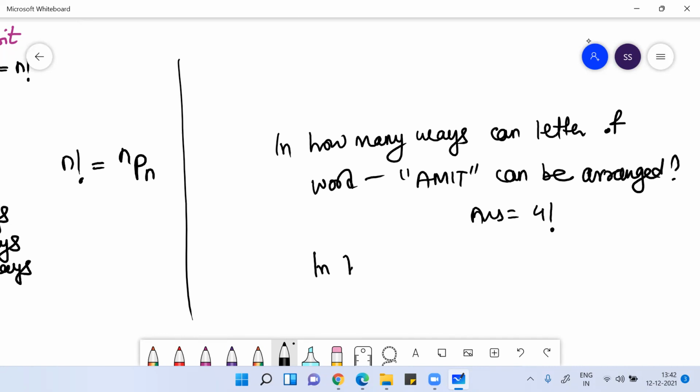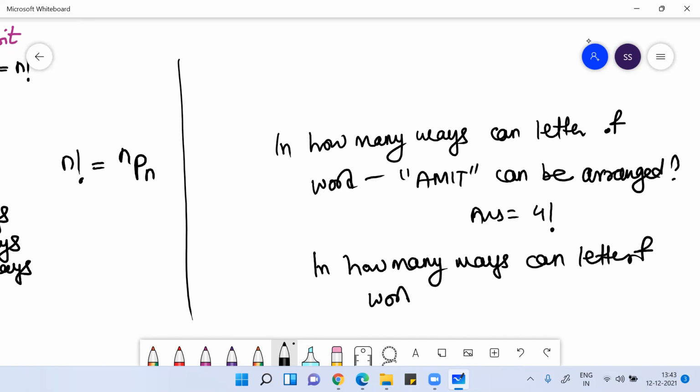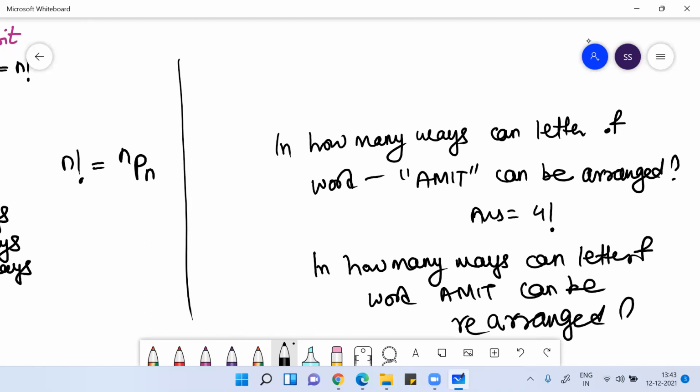Similarly, there's another word called rearrange. When I'm using the word rearrange, it basically means n factorial minus 1.